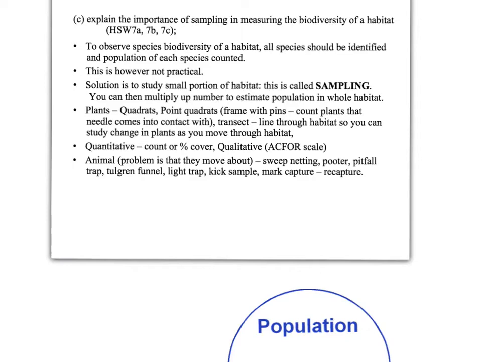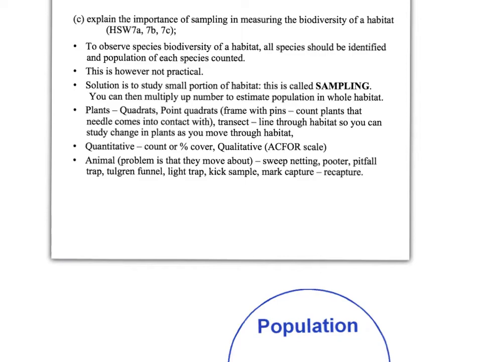The third slide here looks at the idea of sampling and gives examples of how we go about sampling. So when investigating species diversity, we need to know all the species present and the abundance of each species in a particular area.